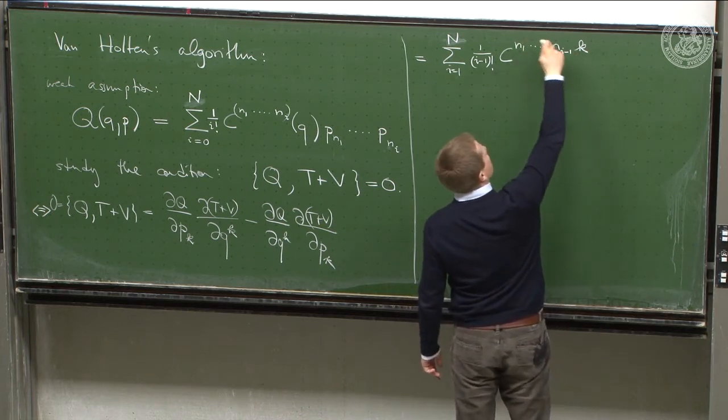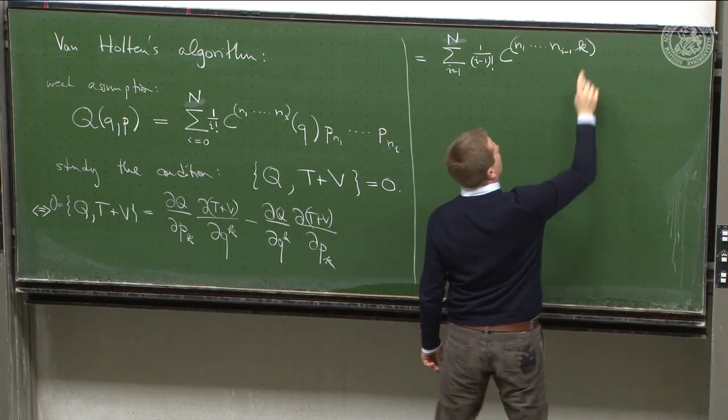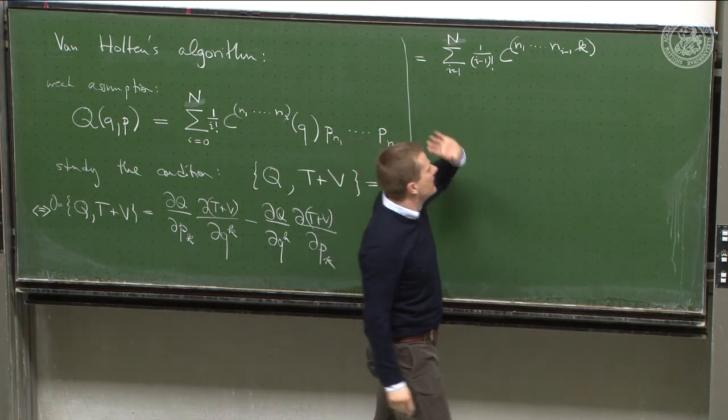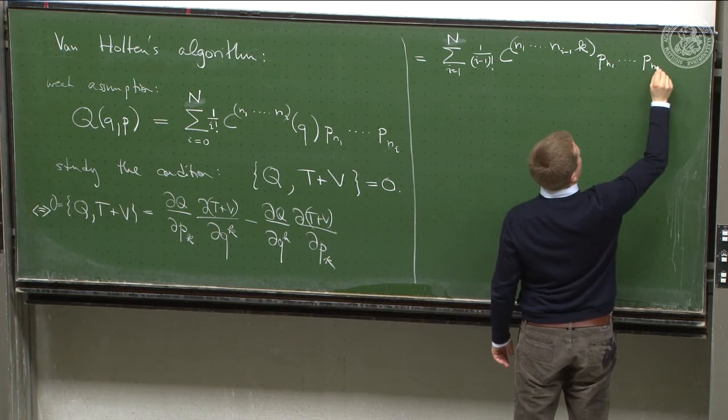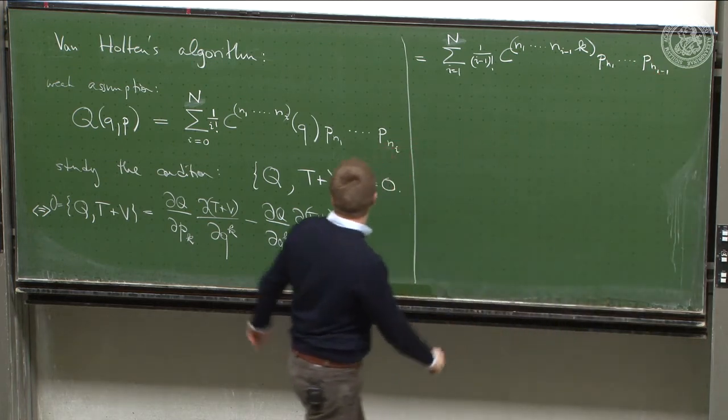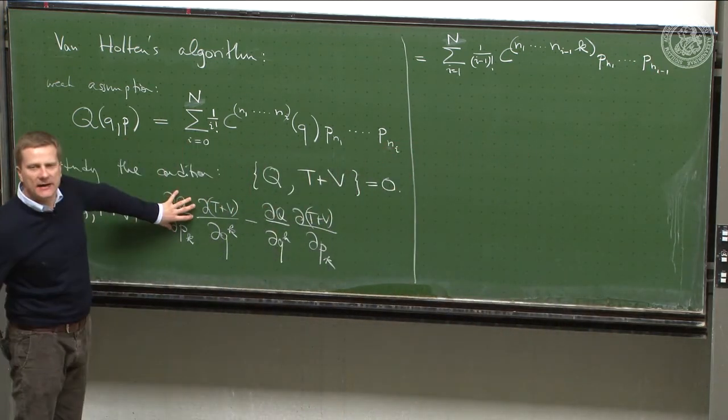In principle, I have to do this at every point, but because the whole thing is symmetric, I can just do it for the last if I have the right factor here, and then I have P_{n1} up to P_{n_{I-1}}, and that's the derivative of this. Agreed?